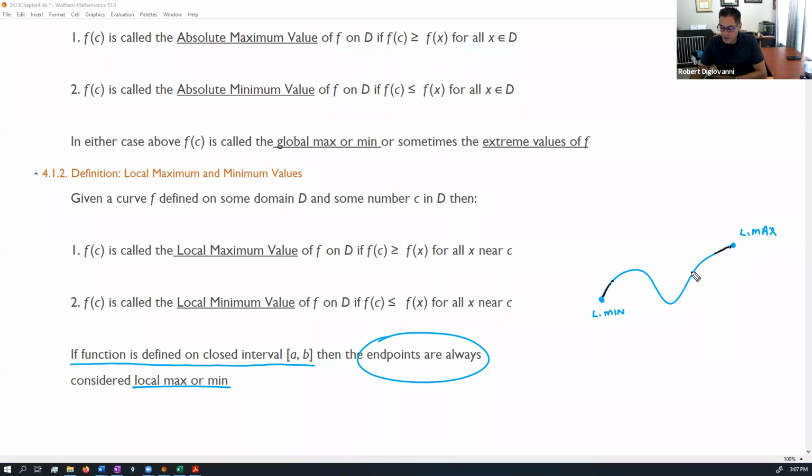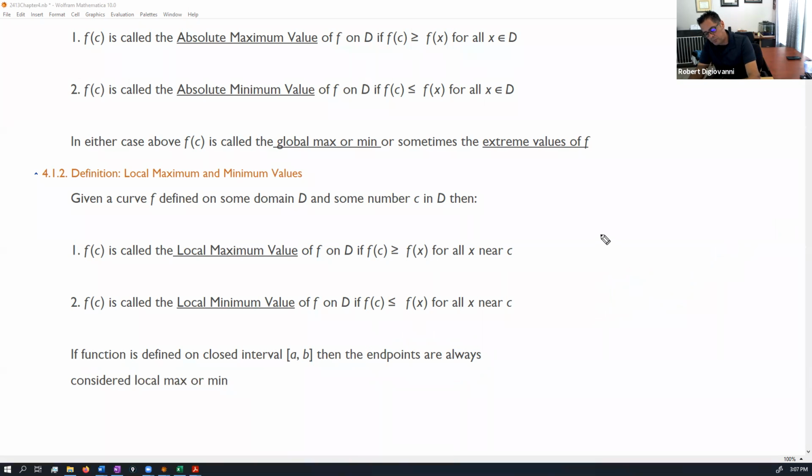Now I have an interesting one here for you. I'm going to have to draw this in detail here. So what if this is 1, and this is 2, and here comes the graph. Ready? I'm going to graph the function. That's supposed to be a straight line, okay?